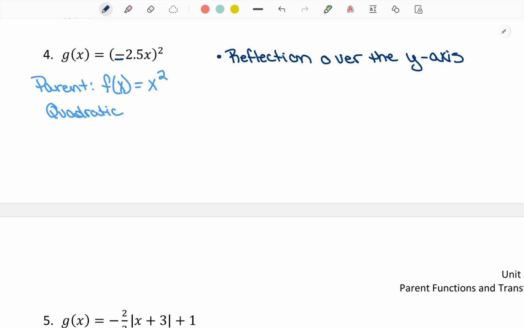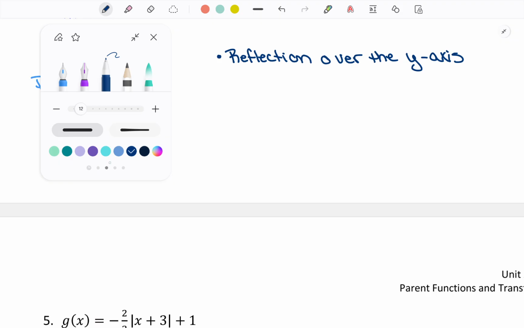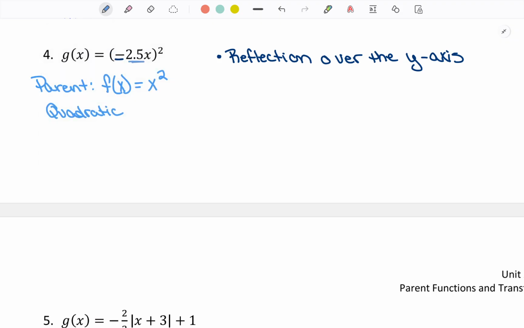And we know that this is a reflection over the y-axis because it's inside the grouping symbols that are squared. Since we're in those parentheses, then that 2.5 is horizontal shrink or horizontal compression.